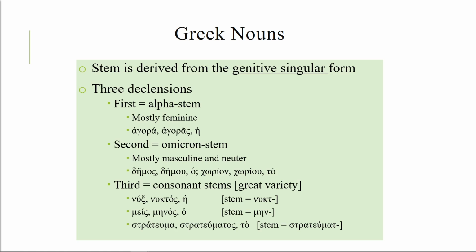It's contracted in the nominative because the nominative got a sigma, and kappa tau sigma contracted into a xi. Mes, menos, you lost the nu in the stem, in the nominative, so we have to know the nu is there. Strateuma, strateumatos, you have to know that the stem has that mat in it.